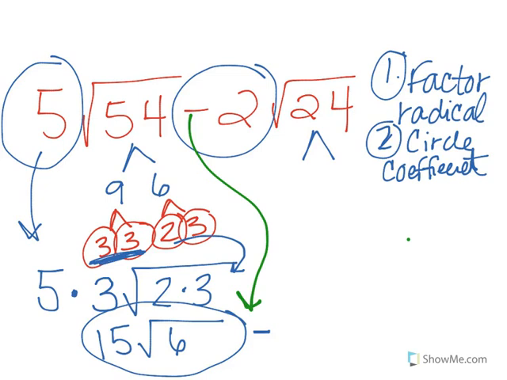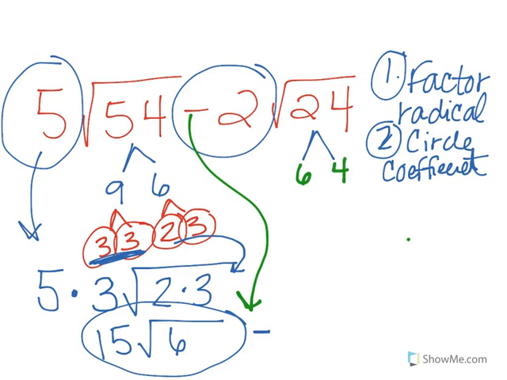This looks long and tedious, but it really isn't the more problems you do. Is the square root of 24 a perfect square? No. So then you've got to factor tree it. What 2 numbers can you multiply to get 24? 6 and 4. You could have used 3 times 8. It doesn't matter.